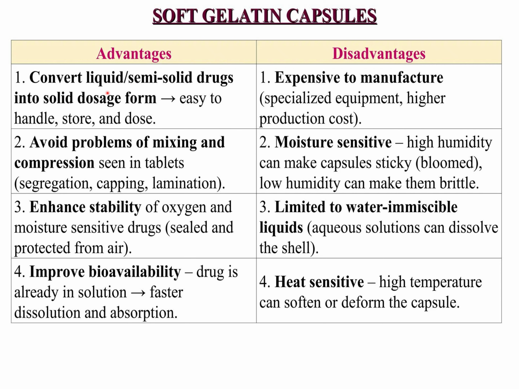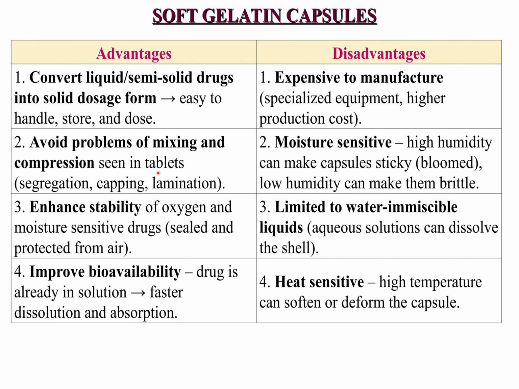So let's see the advantages and disadvantages of soft gelatin capsule. First of all, convert liquid or semi-solid drugs into solid dosage form, easy to handle, store and dose. Avoid problems of mixing and compression seen in tablet.